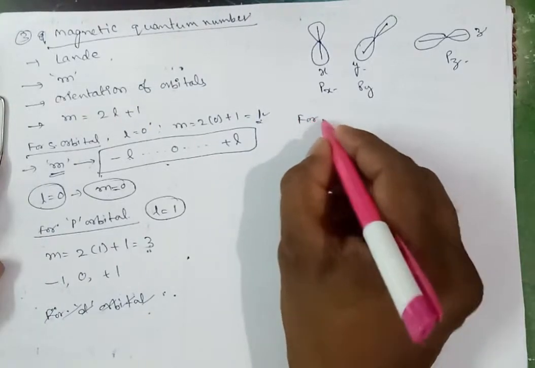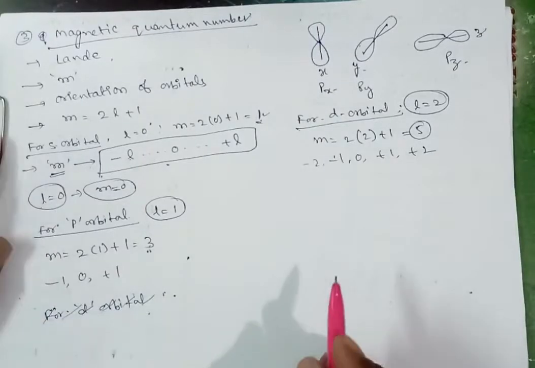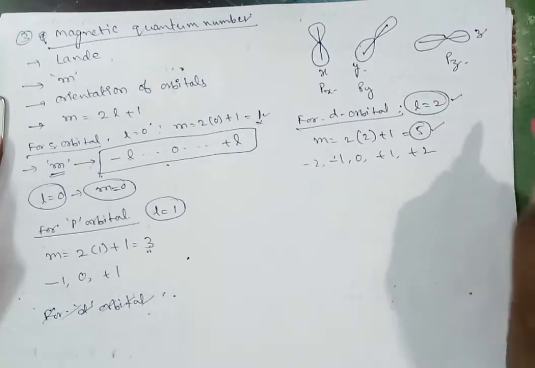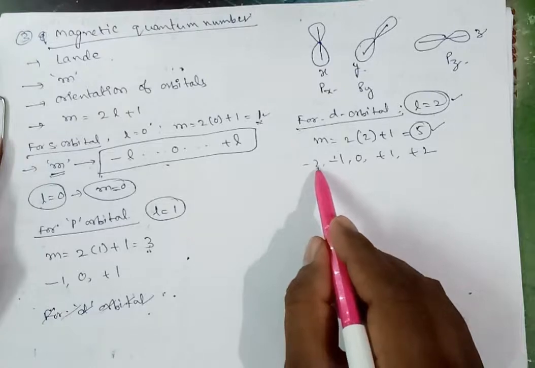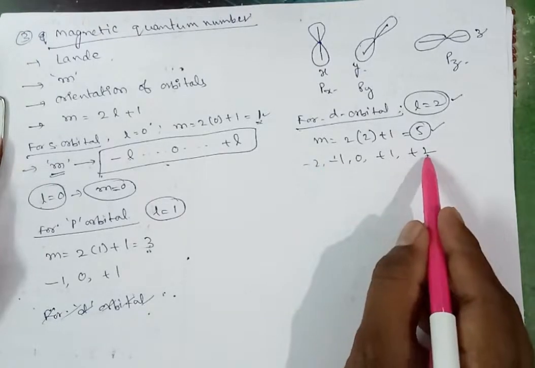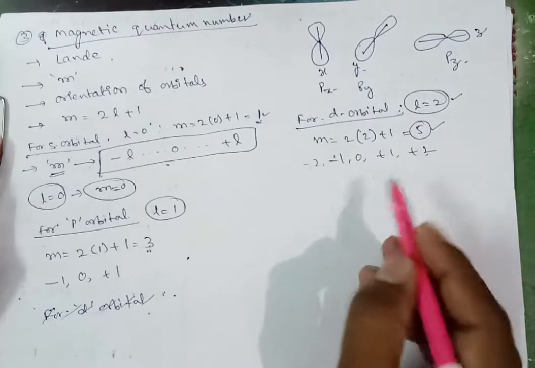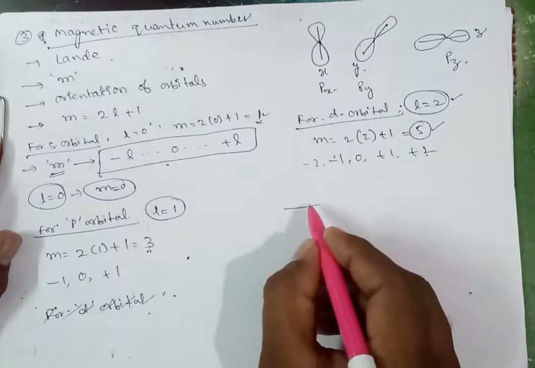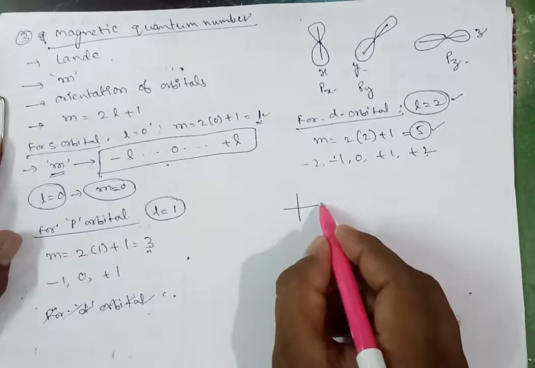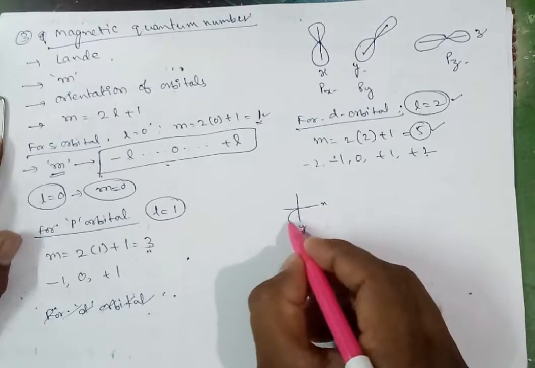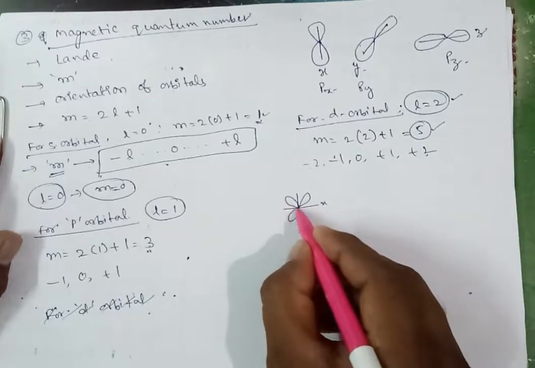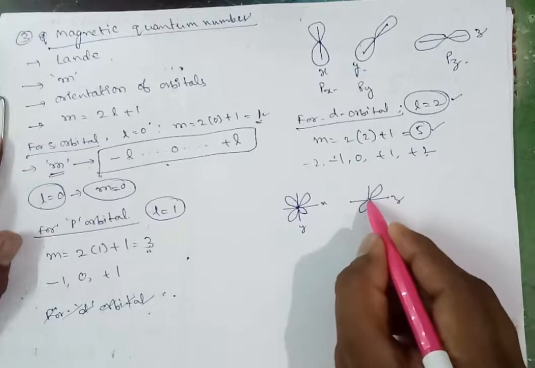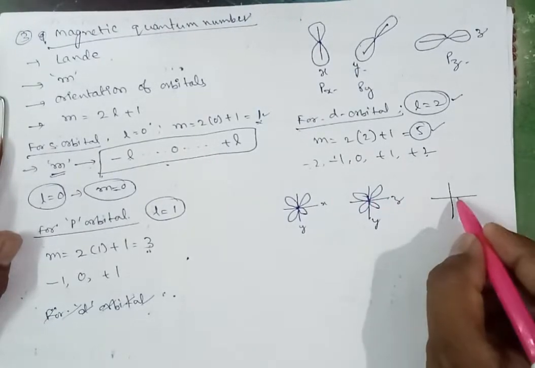For d orbital, l equals 2, and we get 5 m values, written from minus 2 to plus 2 through 0. There are 5 d orbitals, double dumbbell shape. Among the 5 d orbitals, 3 orbitals lie in between the axes, like this.